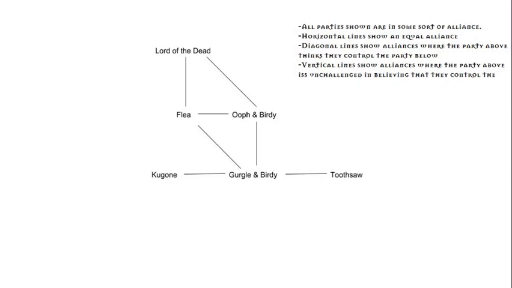Birdie is kind of the glue that holds Oof and Gurgle together. Interesting. But Oof clearly controls Gurgle, and due to that, controls the Kugon and Toothsaw clans.